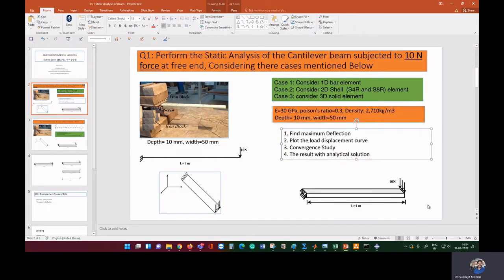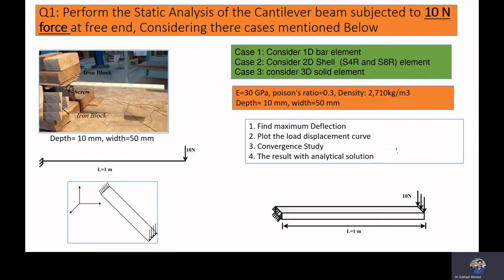At the end we'll try to get the solution from the analytical solution, which we know is PL cubed by 3EI. If we compute it, you will observe that in this case our deflection comes to 2.66 e to the power -2 in meters, or you can say 26.66 mm.